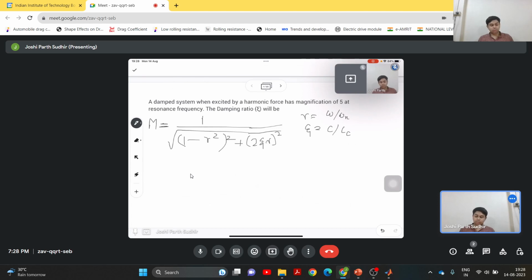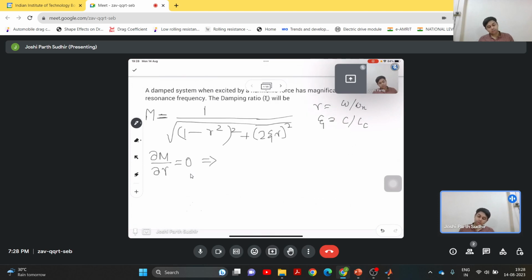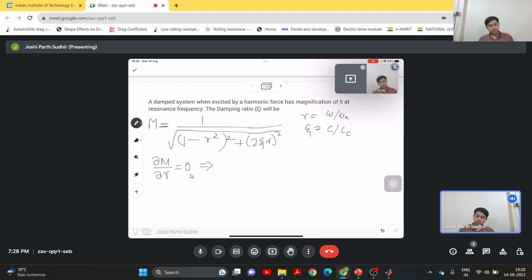If we want to find out the frequency at which resonance occurs, then we have to differentiate the magnification factor and equate del M by del r to be 0, based on the principle of maxima and minima. Alternatively, the magnification factor becomes maximum when the denominator becomes minimum.